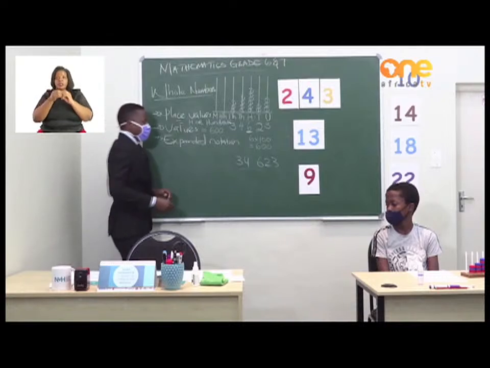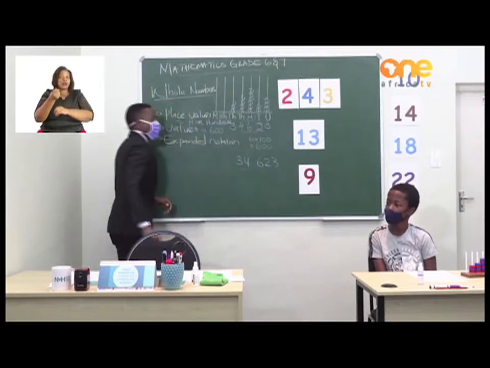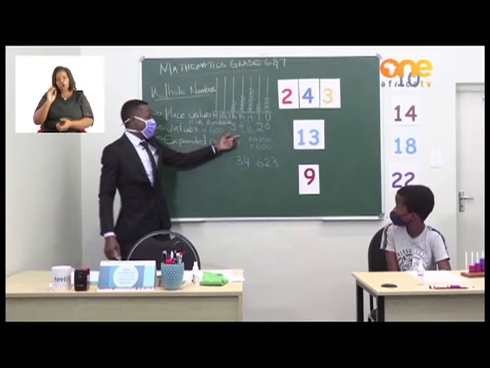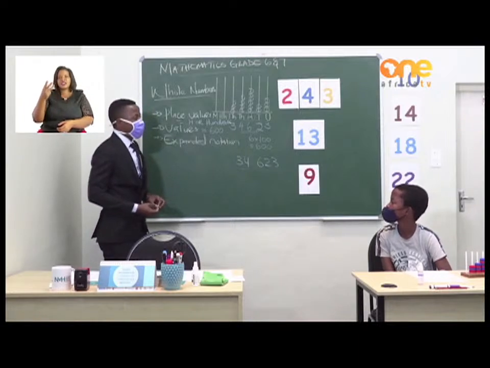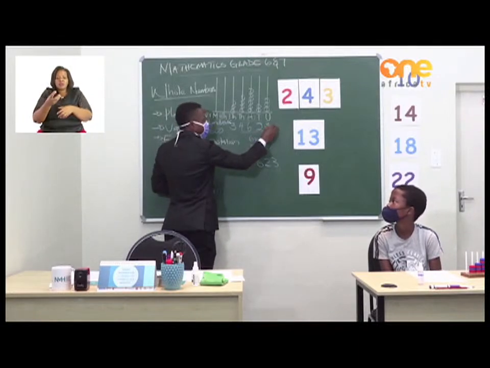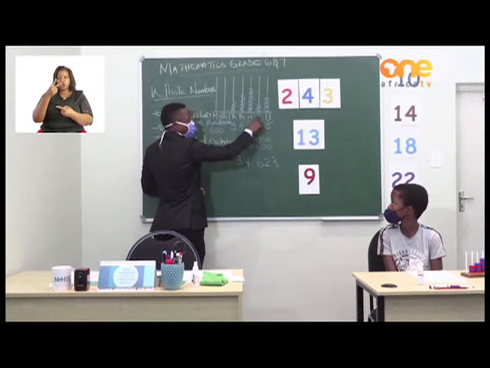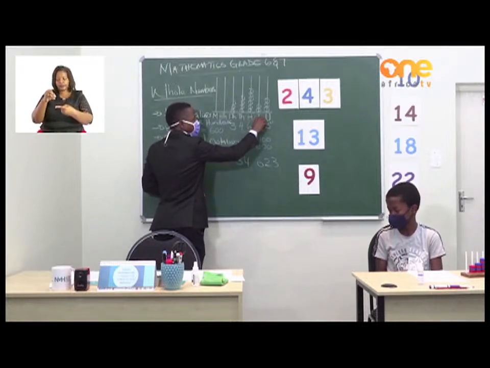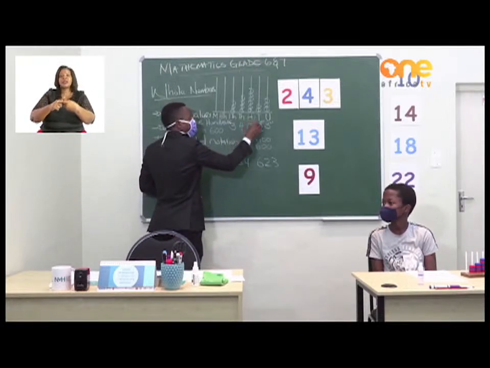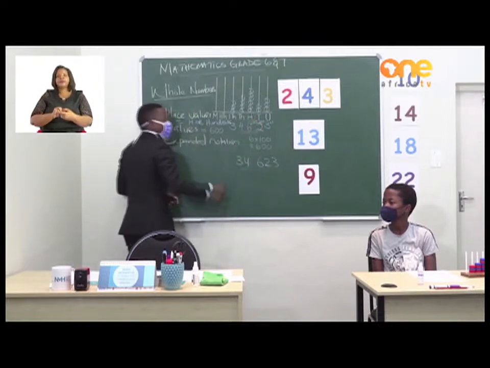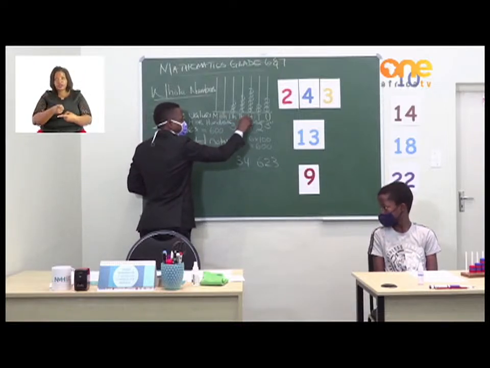No. An expanded notation will require all the digits in the number. 34,623 in an expanded notation, we get it how? 3 in position of the unit, you multiply with 1. 2 in position of tens, you multiply with 10. 6 in position of 100, we multiply with 100. 4 in position of 1,000, we multiply with 1,000.